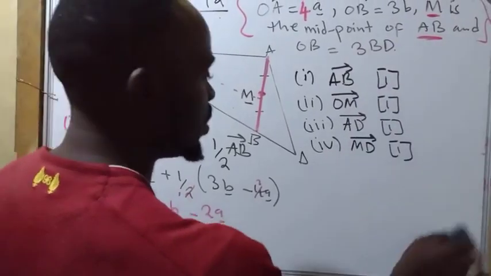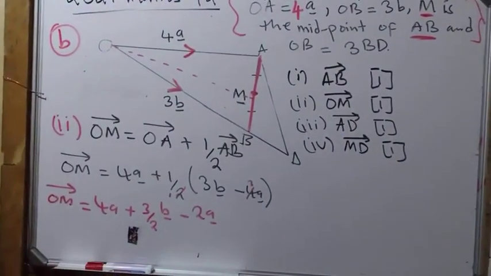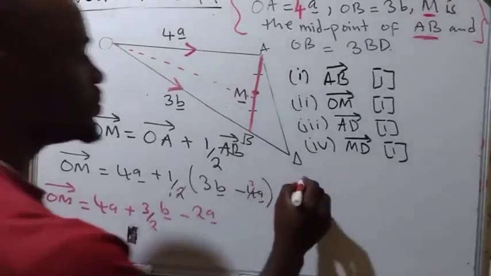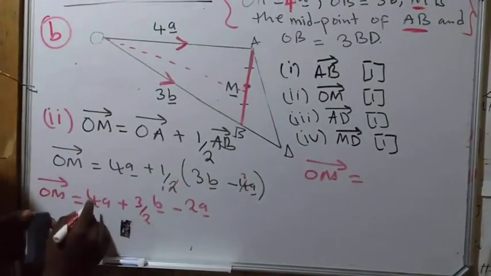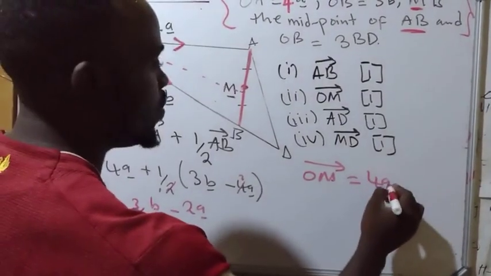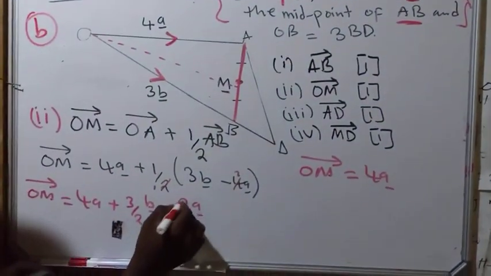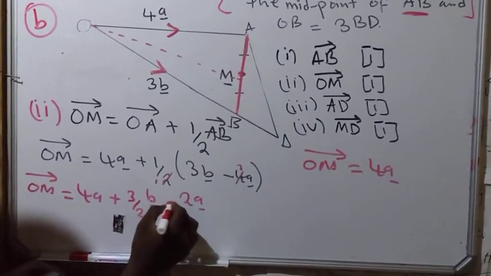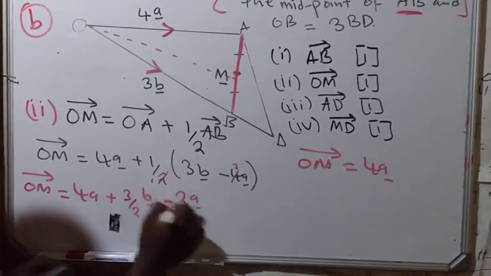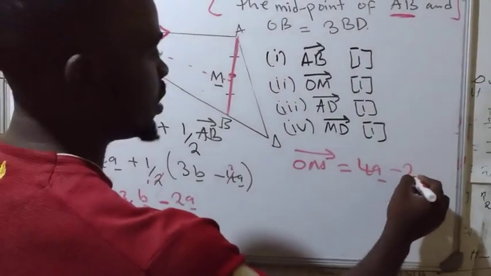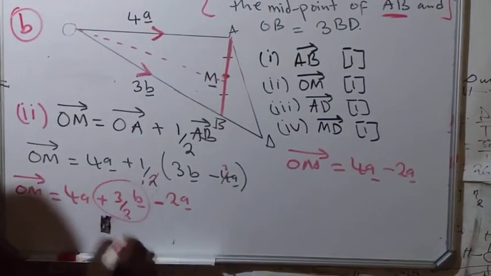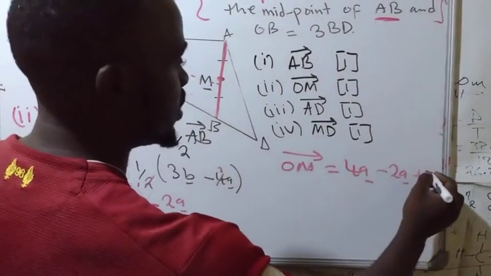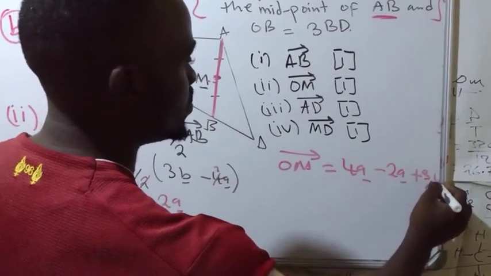So what you do now, you say OM equal to 4A vector, then this 2A is having a minus, so 2A vector, then plus 3 over 2B vector.